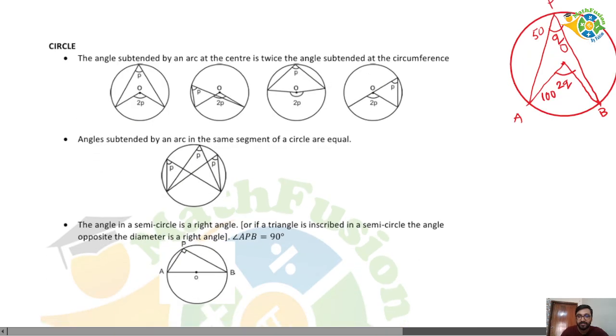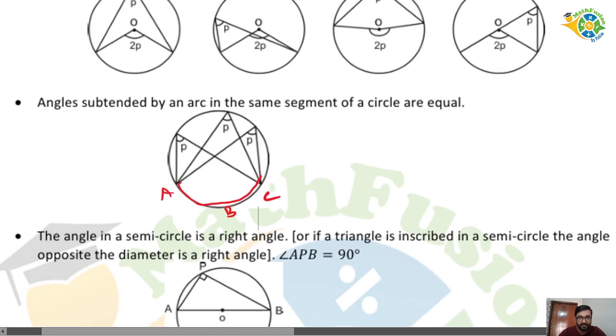So the next theorem is: angles subtended by an arc in the same segment of a circle are equal. Okay. So the same segment is ABC. So no matter how many circumference angles we draw from A and C on the circumference of the circle, they all will be equal.